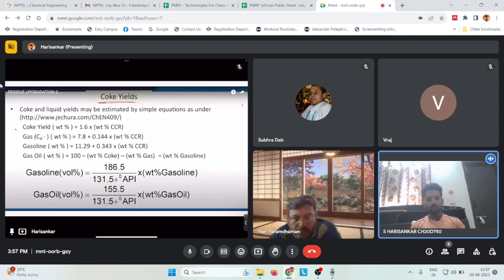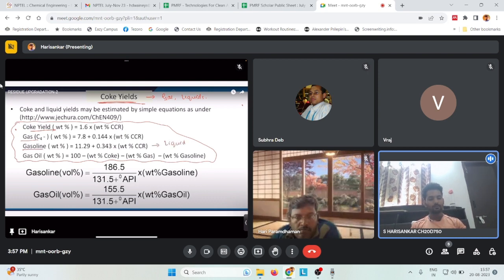From delayed coking, we can also find the yields of the products, not just coke yields, but the yields of gas as well as liquid products. There are various correlations by which we can find these yields. So we have a formula for coke yield, gas yield, and gasoline yield.